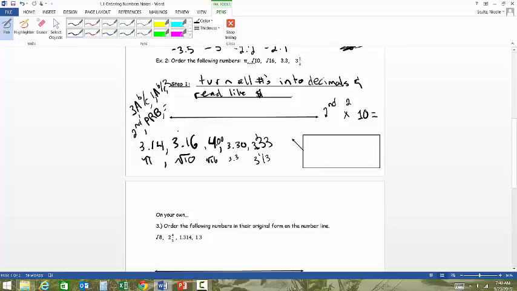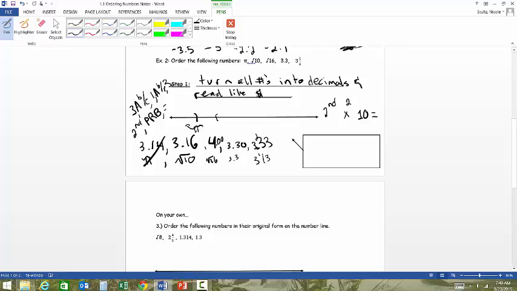So now that I see this as money, it's a lot easier to put in order. Since they're all positives, I don't need to worry about negatives. I'm going to start with the smallest positive number. So that would be $3.14. And cross it off.